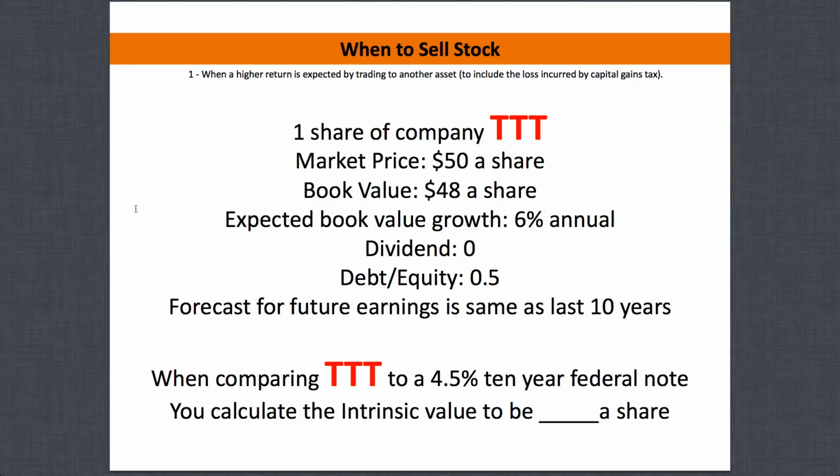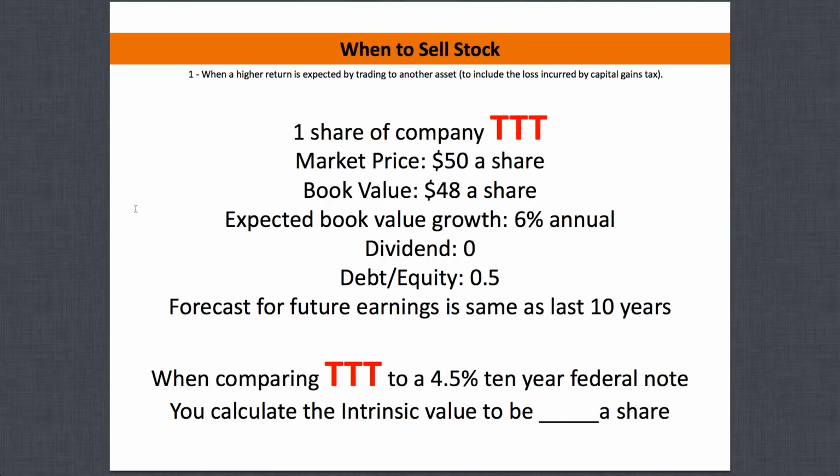This company also doesn't pay a dividend, but the debt to equity is at a 0.5, which is much better than company XXX right now. And the forecast for future earnings is the same as the last 10 years. So that's the good sign. Company TTT has a good debt management. Their future earnings are all looking good, and the book value growth that we've estimated is a little bit higher than the company we're currently holding.